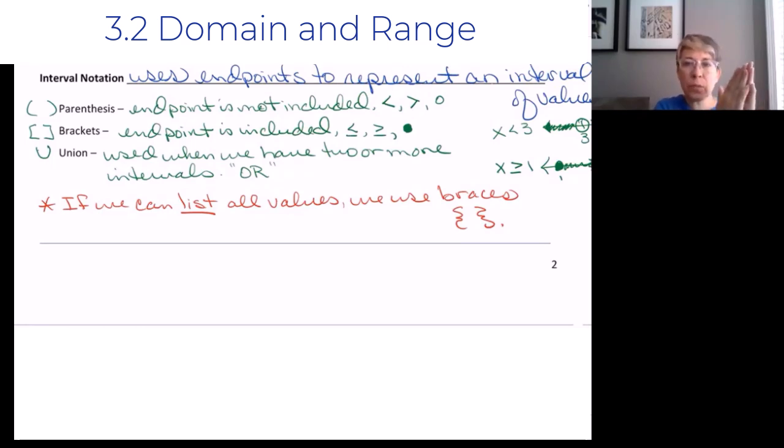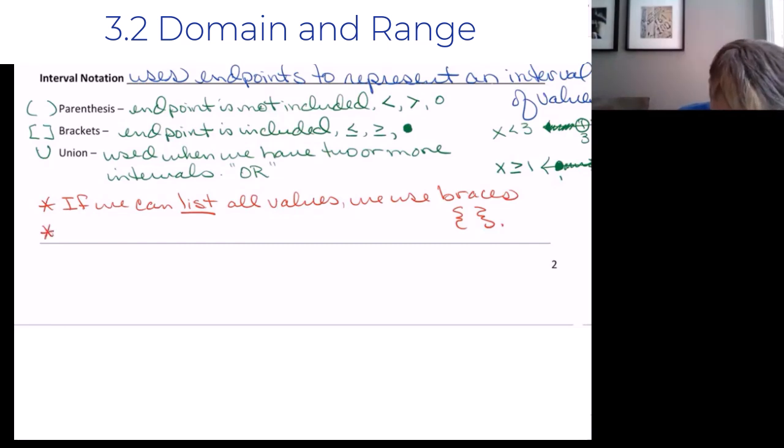So every decimal, every fraction, every real number, every square root between those 2 values is included. We use the interval notation because there's no way to list all of those numbers. But if we're only looking at 5, 7, 9, and 12, well, we can write those out, 5, 7, 9, 12, and use the braces.